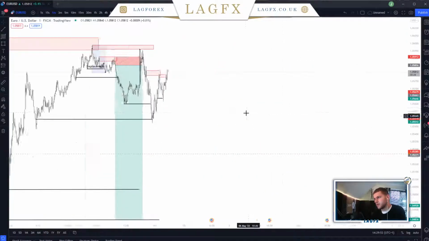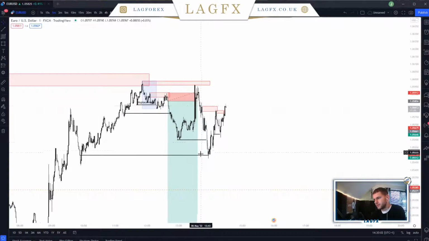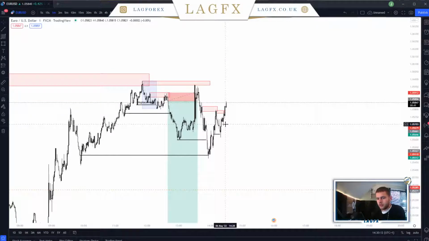So arguably we are still technically bearish until these highs are broken. If these highs are broken, we look to go bullish. If these highs are protected and we start to run the liquidity lows again, we're looking to go bearish. At the moment we're at a pivotal point in the market where the bias is slightly unconfirmed, so it's hard to answer that question until we have something to reconfirm the bias.